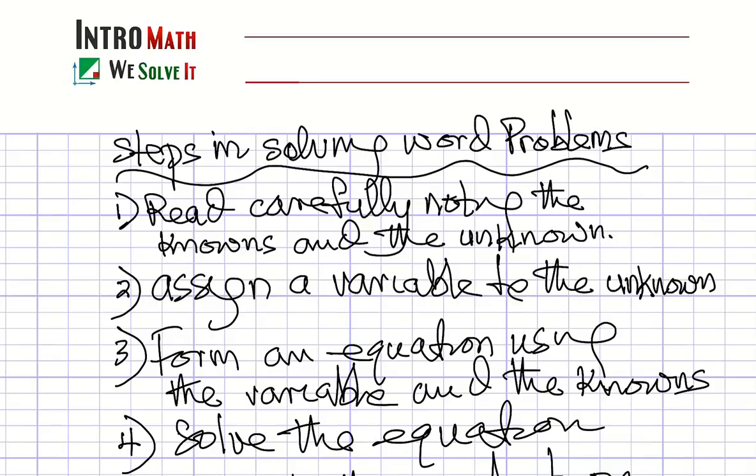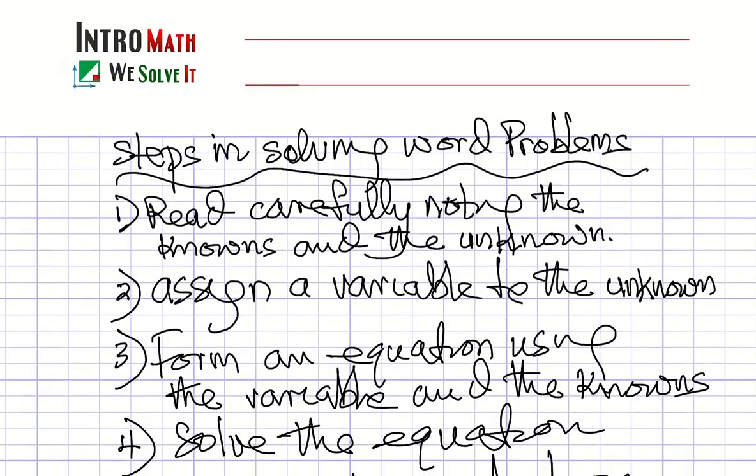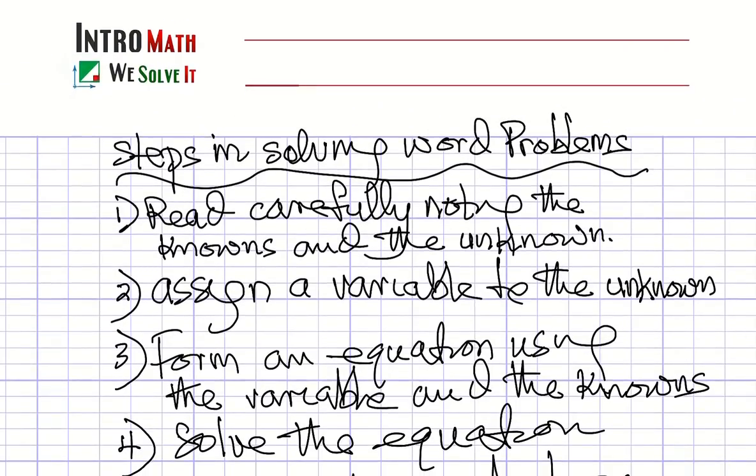All right, folks, here are the steps. These are general steps you should use in solving word problems involving linear equations in one variable, okay? See the first one there? Read carefully, noting the knowns and the unknown.